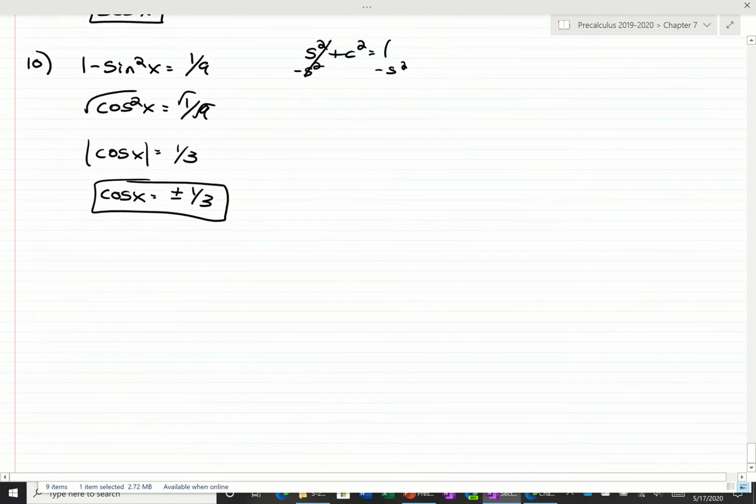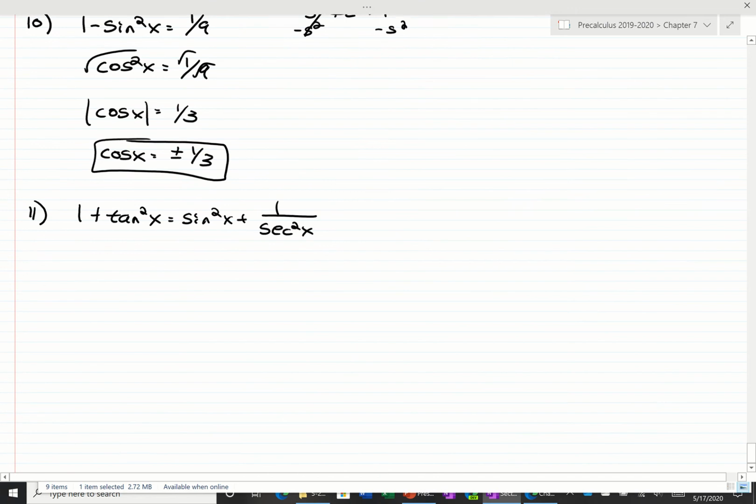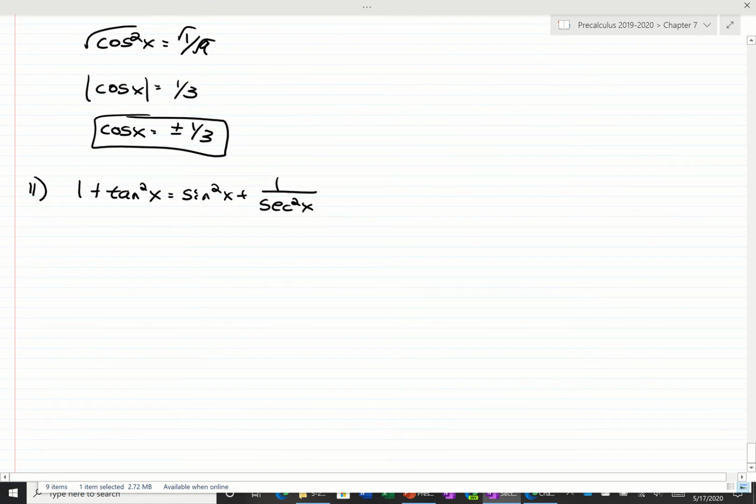For number 11, we have 1 plus the tangent squared of x is equal to sine squared of x plus 1 over the secant squared of x. Well, let's see what we could do with this. What's 1 over secant squared? That's just cosine squared, right?